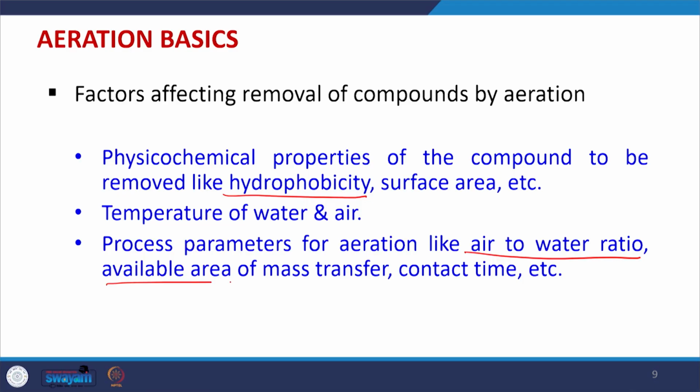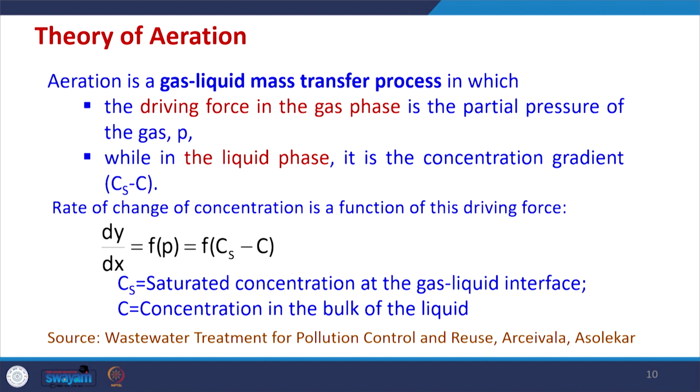Now, the temperature of water and air are also important because it changes the solubility of the compound. Then process parameters for aeration include the air to water ratio which is being used and the available area for mass transfer. So, how the mass transfer is happening from air to water side, the contact time, all these parameters affect the removal efficiency.